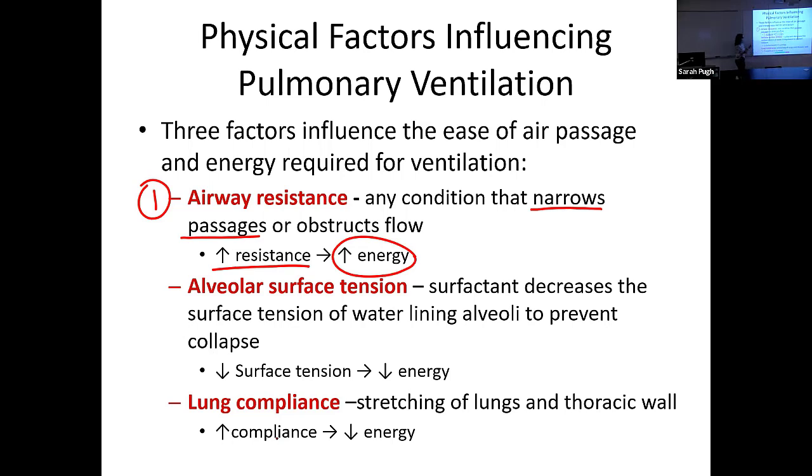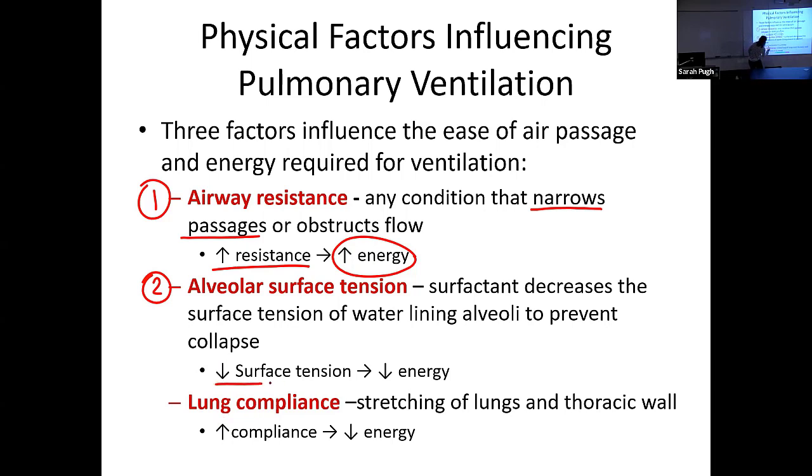Other factors that can influence the energy required for breathing in and out: surface tension within the alveoli. Now, this is one that we talked about in the last lecture. So remember, in the alveoli, you have type 2 alveolar cells that release surfactant. And surfactant helps to cut down the surface tension of water so that your alveoli stay open. They don't get pulled shut. And so it's preventing the collapse of the alveoli.